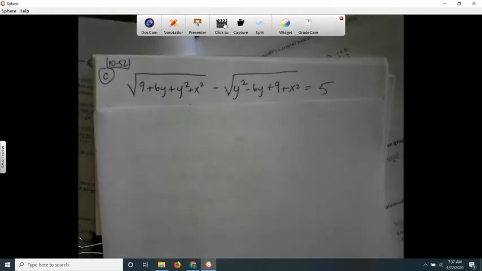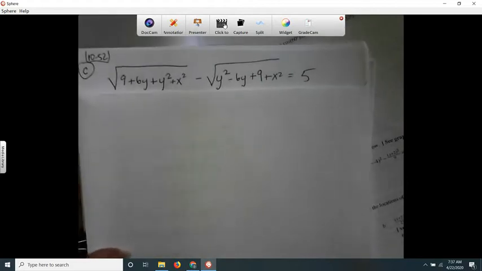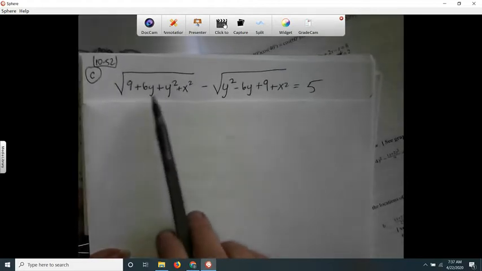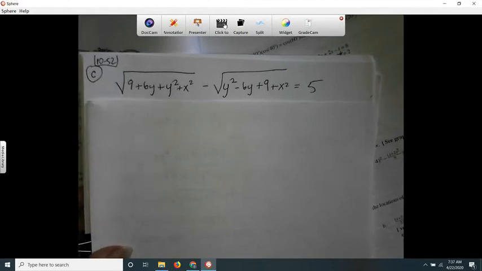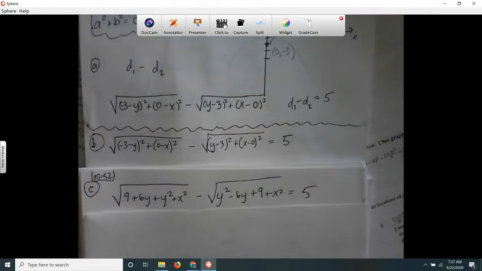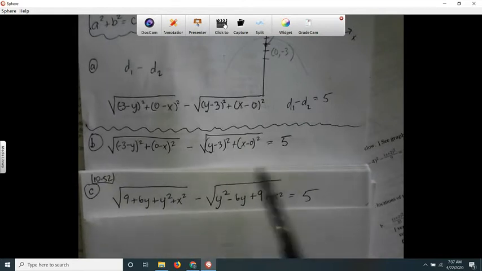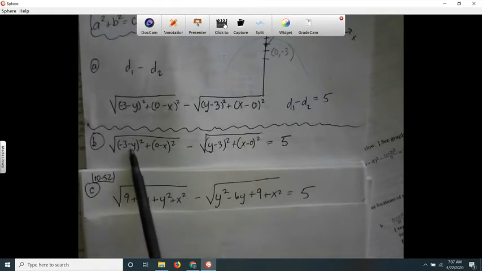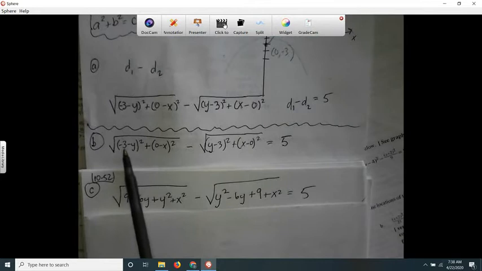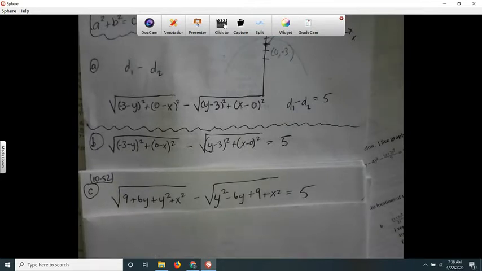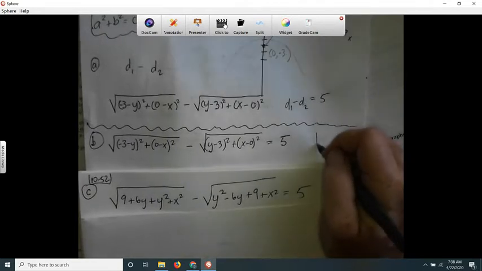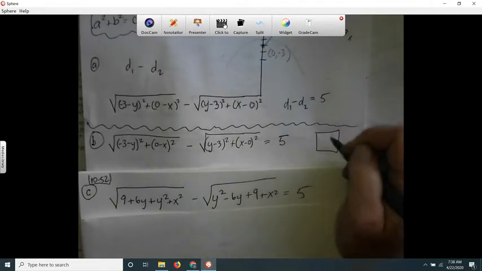It's hard to not make a mistake. I did some of it in pencil because I make mistakes too. I skipped some steps, didn't I? These are my expressions. I square things out in my mind. If I were to square this, it would be negative 3 minus y times negative 3 minus y. So I can use an area model box, and I'll do it one time and then do it in my head the rest of the time.